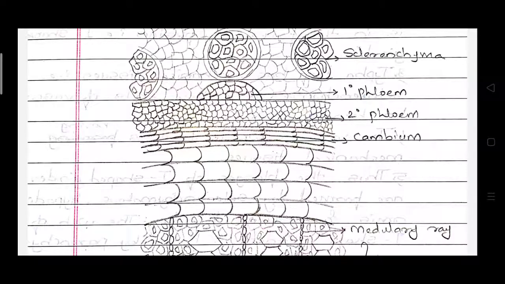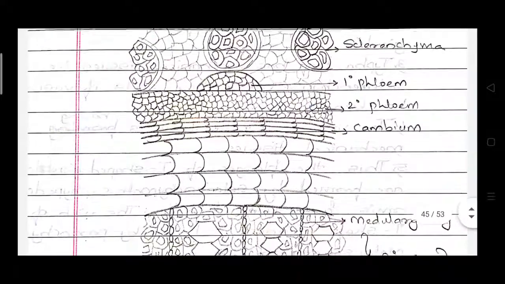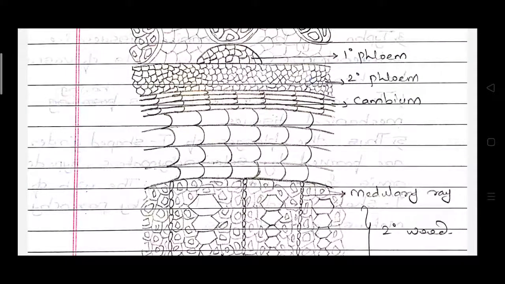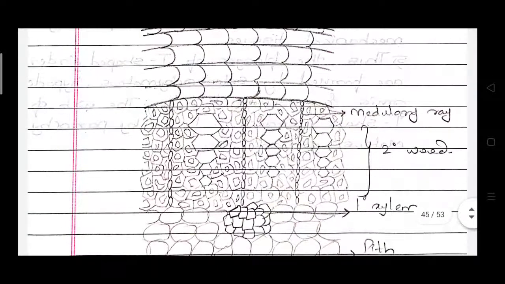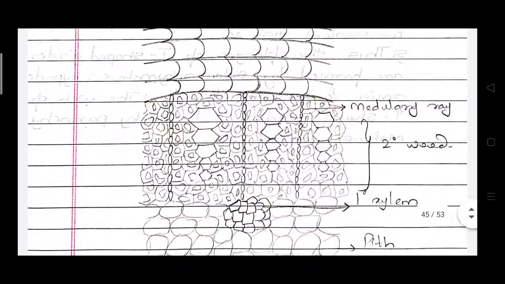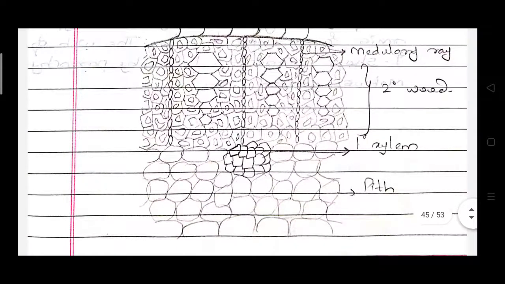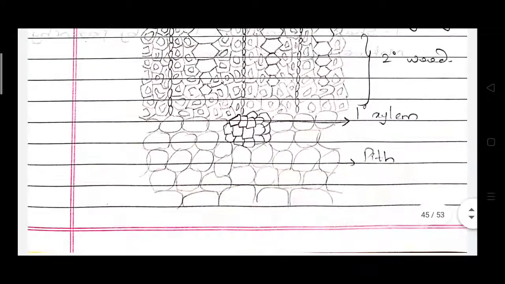Next to the phloem region, the cambium ring is in the stem. Then next to the cambium, the secondary wood is there. In that some medullary rays are also there. Then next to these layers the primary xylem is present, and below this xylem layer the pith region is there.